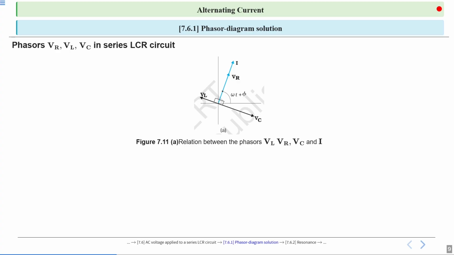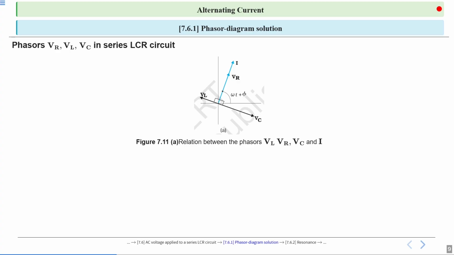This blue phasor represents the current phasor. Now VR is the voltage phasor across R. We know that for a resistive circuit, the voltage phasor and current phasor are in phase with each other. There is zero phase difference between voltage and current in a purely resistive circuit. So VR, the voltage across the resistor, will be along the current phasor. There is no phase difference across the resistor.